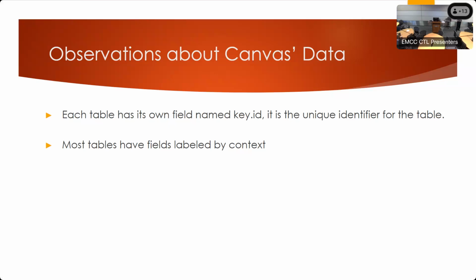But a lot of tables also are going to have course context, like the section that that course is associated with. Instead of creating separate fields in all these tables or creating separate tables, they have a field called context. There's one called context type, and it's either going to be an account or it's going to be a class.